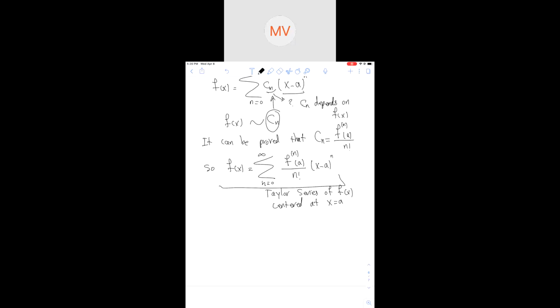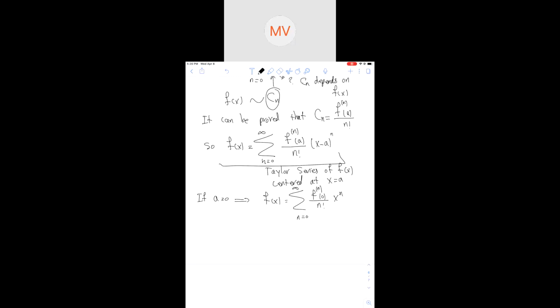Special case: if a is 0, then you can write f of x as the sum of the nth derivative, all evaluated at 0, over n factorial, times x minus 0, which is just x, so x to the n, from 0 to infinity.